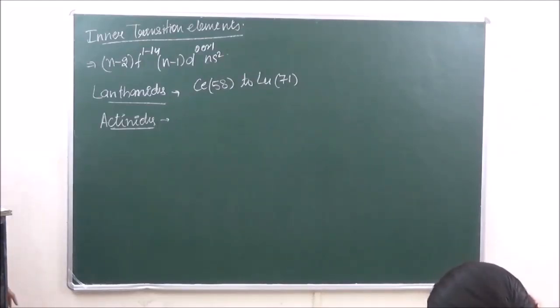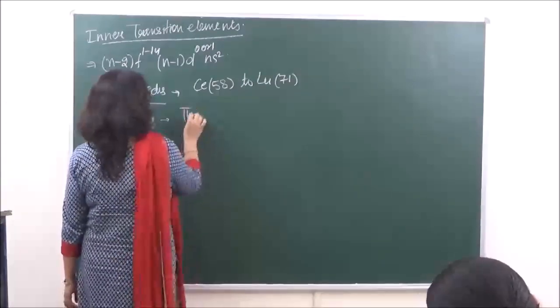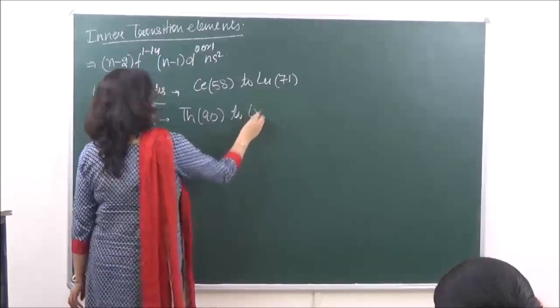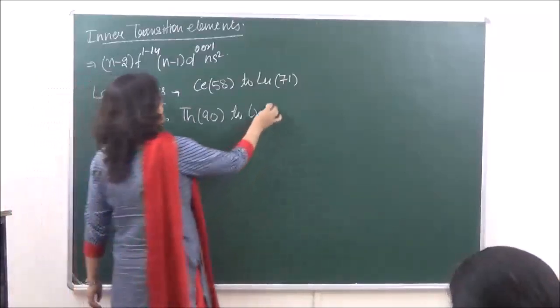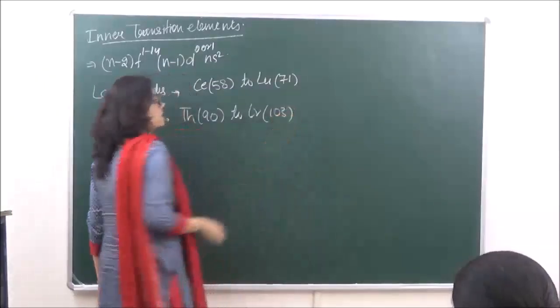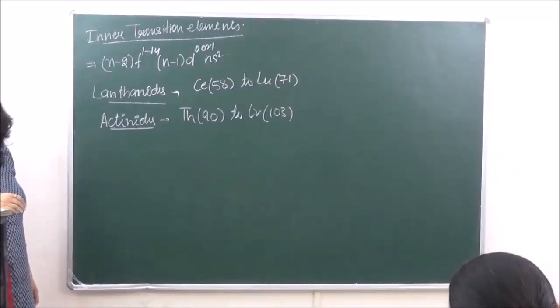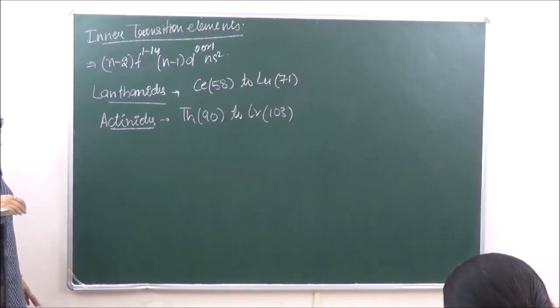Okay? So actinides start from thorium to lawrencium, which has an atomic number of 103. Right? So in lanthanides we gradually fill up 4f, and in actinides we fill up 5f.